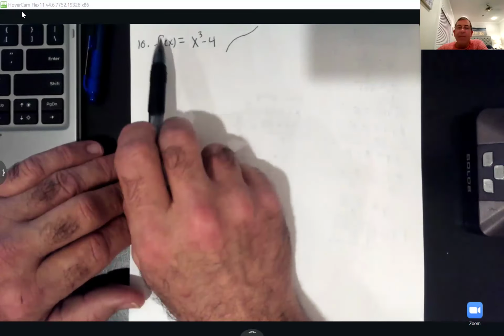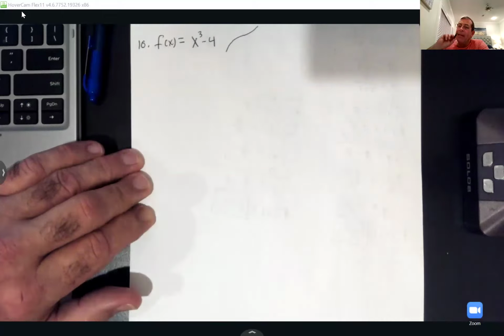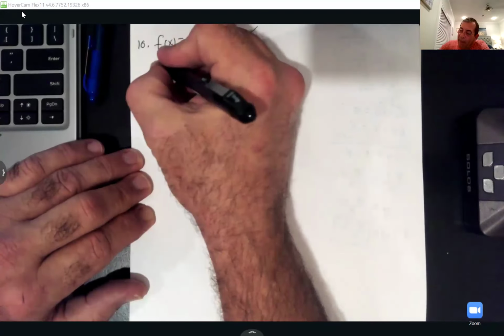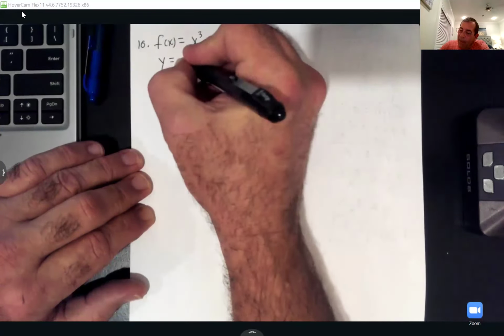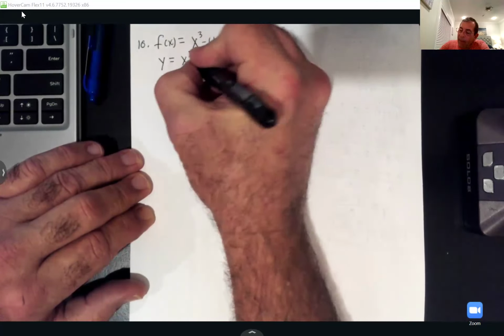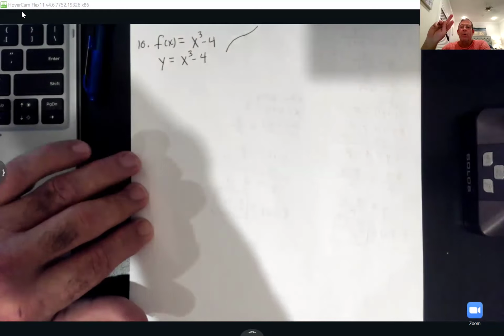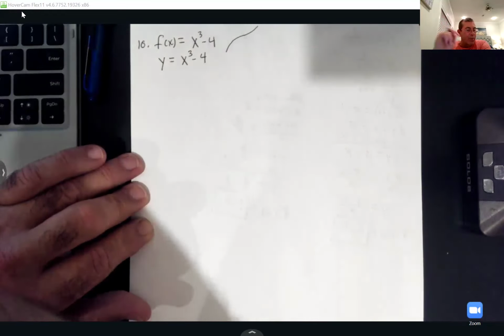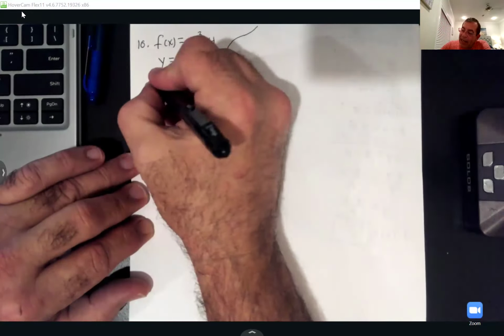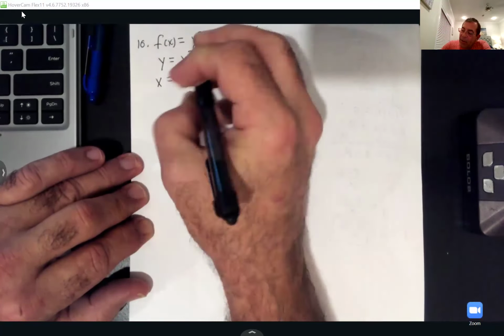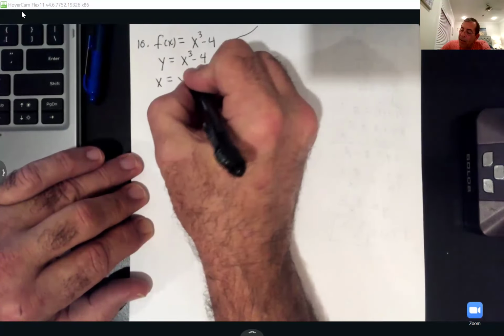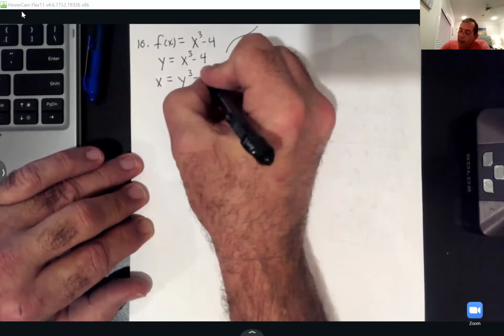All right, y'all, first step, change that f of x into a y. Now I'm going to switch both sides so that I get x equals y to the third minus 4.